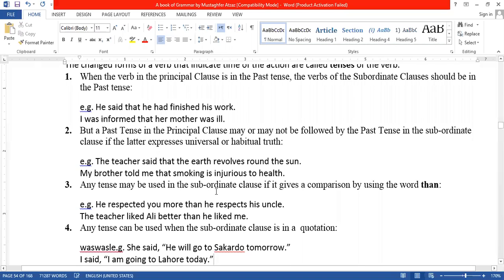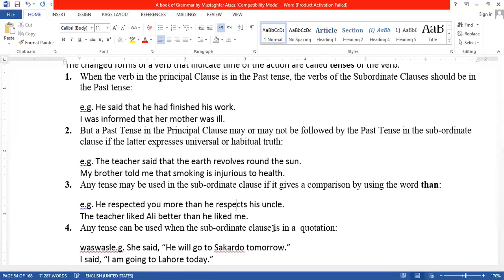For example: he respected you more than he respects his uncle. Once again, you can witness that "respects" belongs to present tense, unlike "respected". Both of them are different from each other. The first one is past tense and the latter one is present tense.